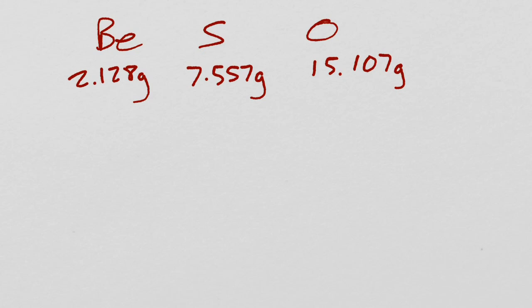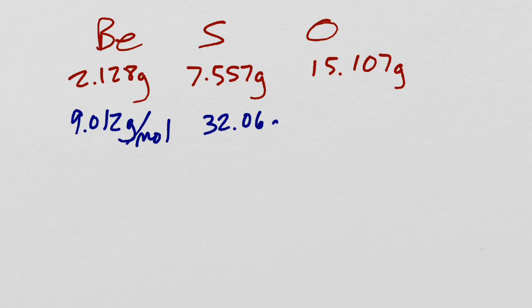Alright, so we need molar mass information for these. For beryllium, that is 9.012 grams per mole. For sulfur, that is 32.06 grams per mole.